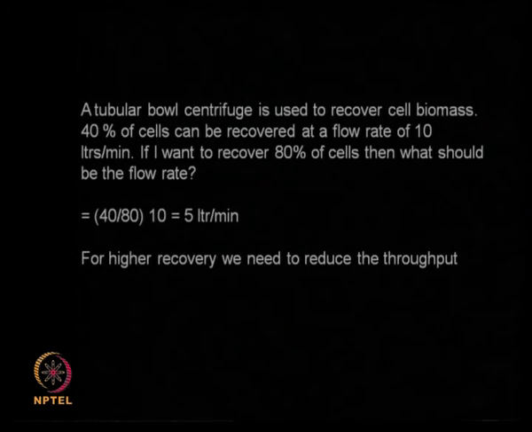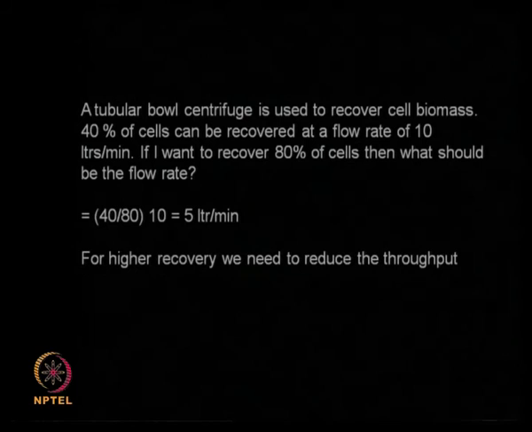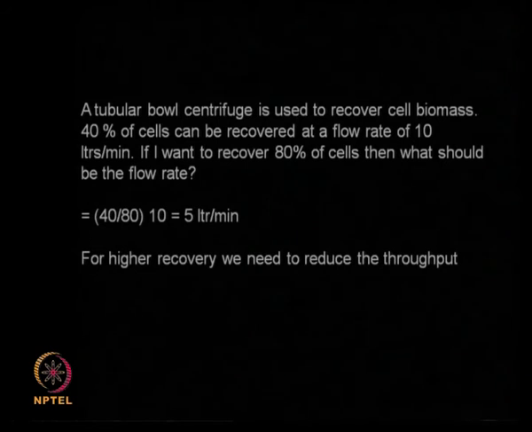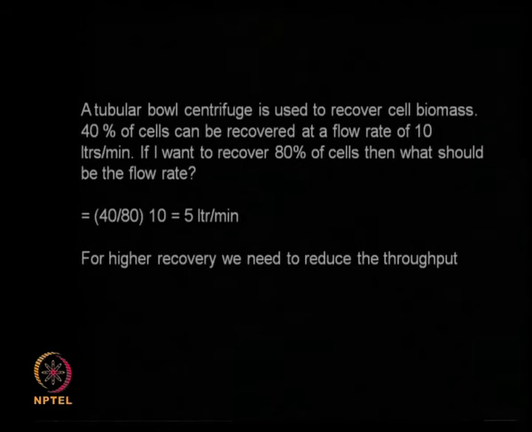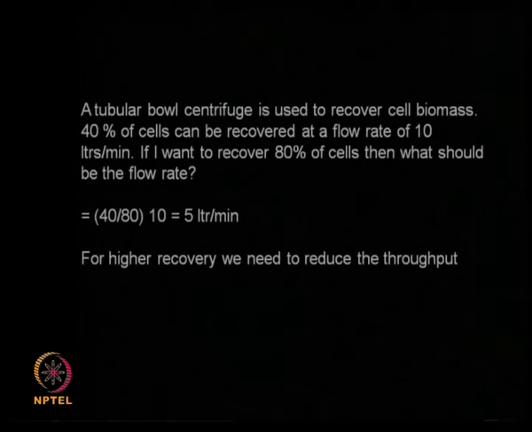So we are using a tubular bowl centrifuge to recover cell biomass. If I use 10 liters per minute, I am able to recover 40% of the cells, but then I need to recover 80% of the cells. So what should be the throughput or the flow rate? It will be inversely proportional to the percentage recovery.